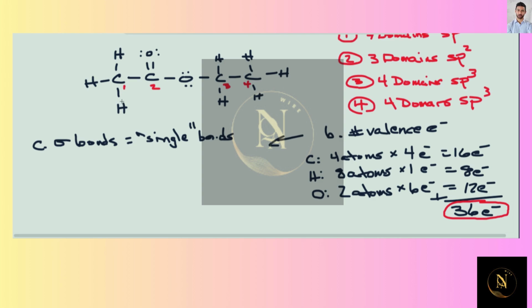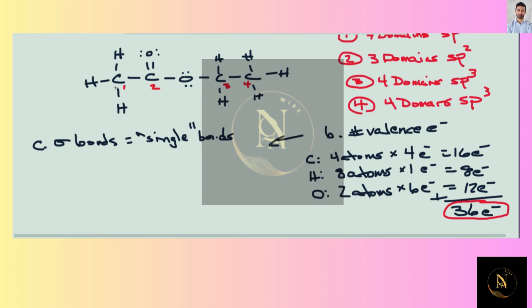So we're going to count up the number of single bonds, and then we'll count up half of this double bond. Remember, in a bond, there's 2 electrons in a bond. So this bond has 2 electrons as part of its sigma bond.